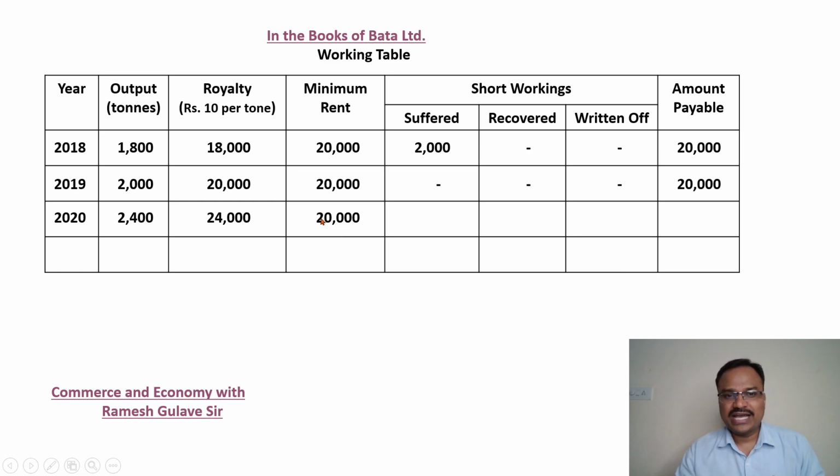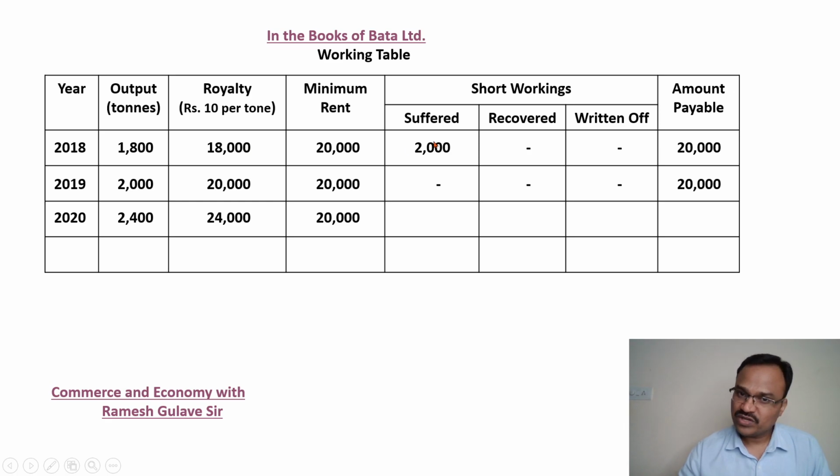Now here you can observe that the amount of royalty is more than minimum rent, right? So it means in this year we can recover the short workings of the previous year, right? Because here royalties are more than minimum rent. When royalties are less than minimum rent, short workings are suffered, like in 2018, royalties are less than minimum rent.